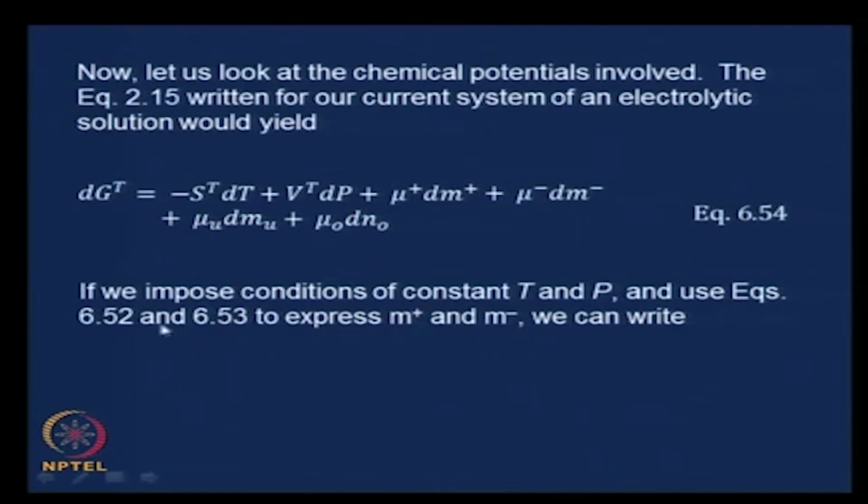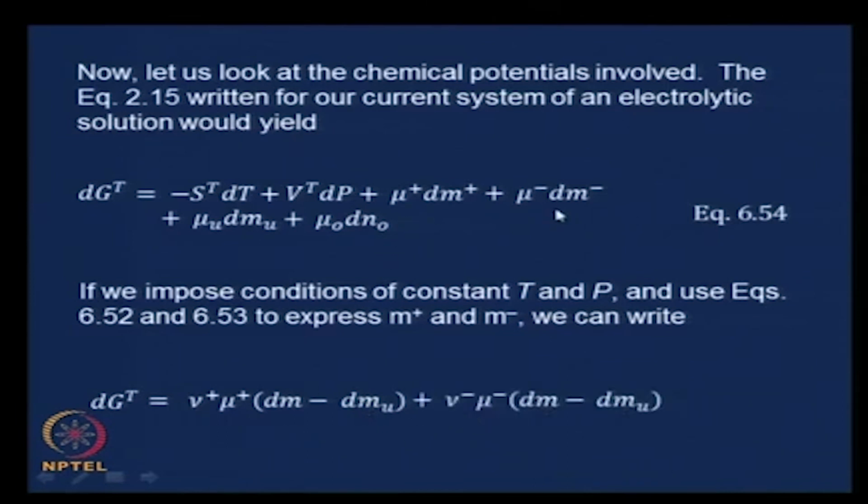Let me write it and it will come back to you. If we do use these two expressions, equations 6.52 and 6.53, to express n plus and n minus, we get dGt, where the first two terms have gone to 0 already, equals mu plus, and dn plus is nothing but nu plus into dn minus d mu, quite easy to see this.